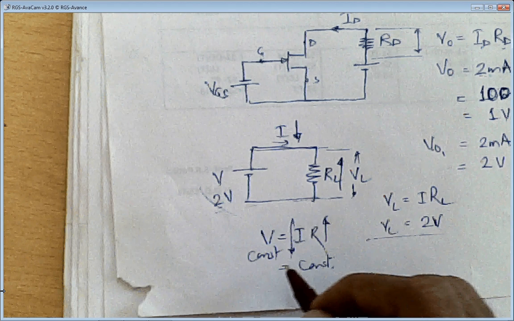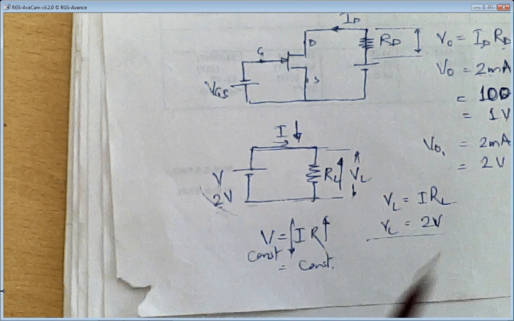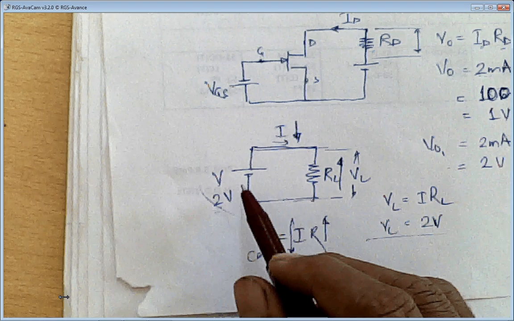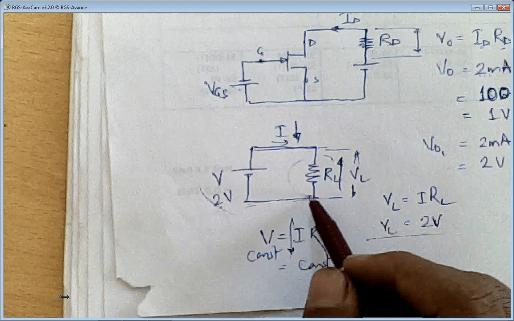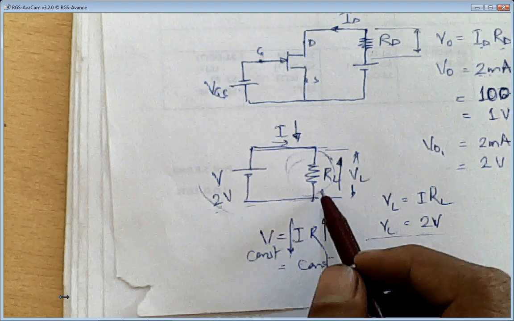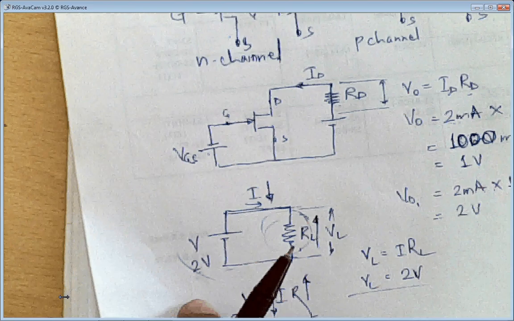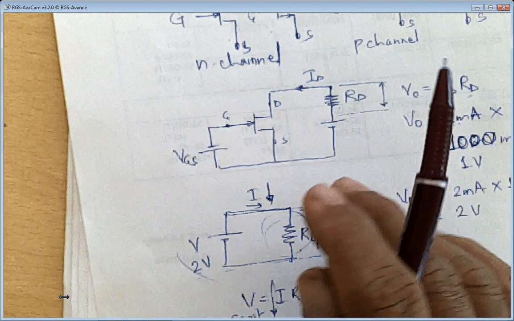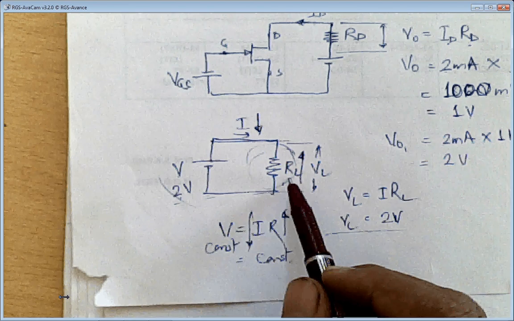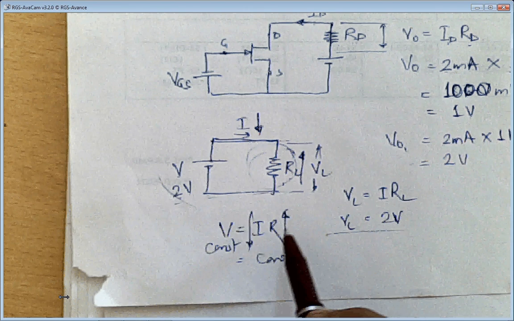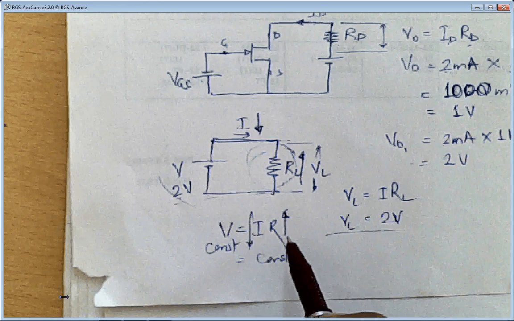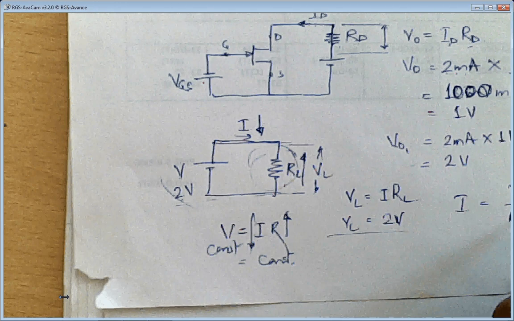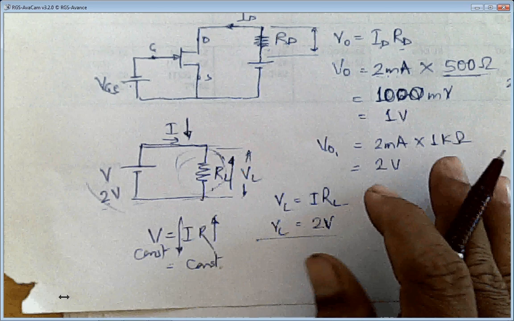This is how this simple circuit does not increase the output voltage by changing RL, remember. But for the above circuit, by changing RD, your ID will not change. Here by changing RL, I is changing because of Ohm's law, which says V is equal to IR. So if I want to calculate, I will be equal to V divided by R. If I increase R, I will decrease because V is a constant quantity.